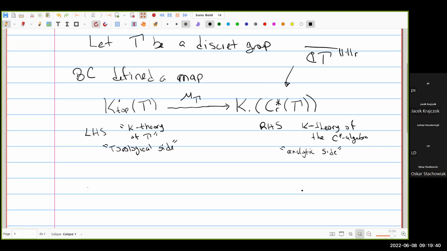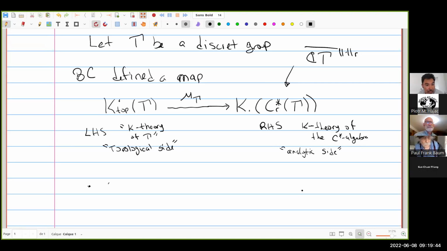The main motivation, at least for my talk, comes from index theory, from the classic Atiyah-Singer index theory, as I will try to explain today.